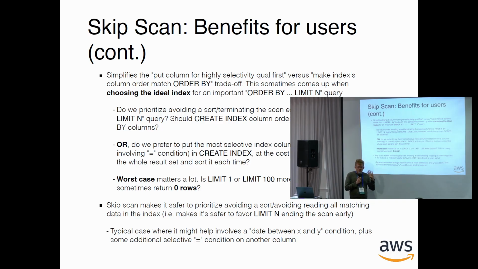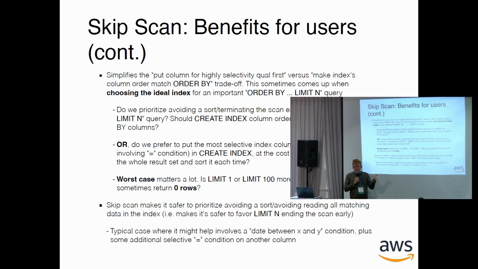And this is sort of a fraught process because you have to worry about the worst case much more than the average. What if occasionally the scan returns 0 rows? Then with the order by version of the index, where you make the index column order match the order by, it's going to have to scan a great deal of data.